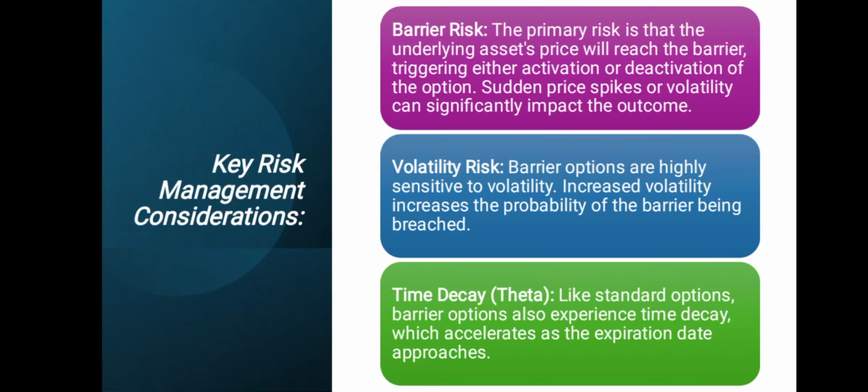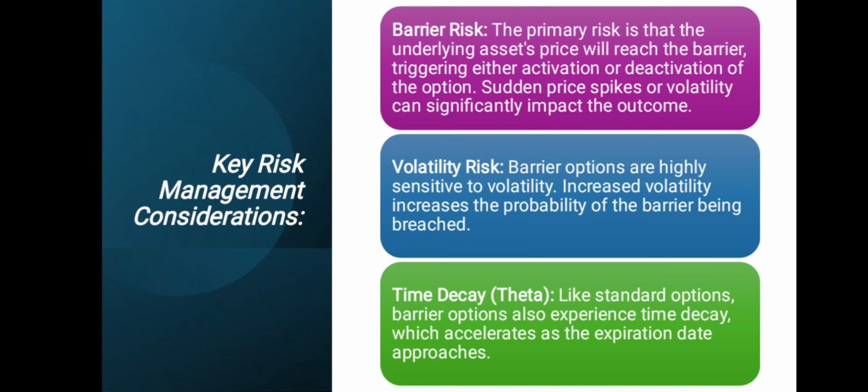Here are the key risks associated with the barrier option. The first one is barrier risk. Barrier risk means there can be a change in the price of the underlying asset due to various reasons.